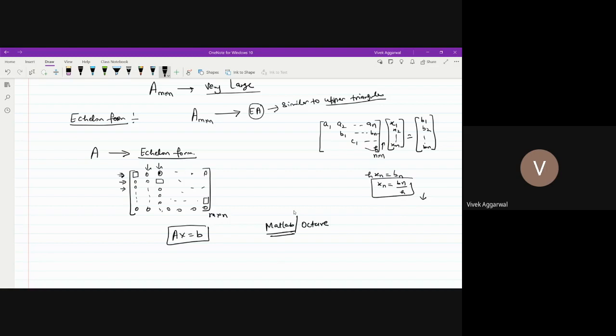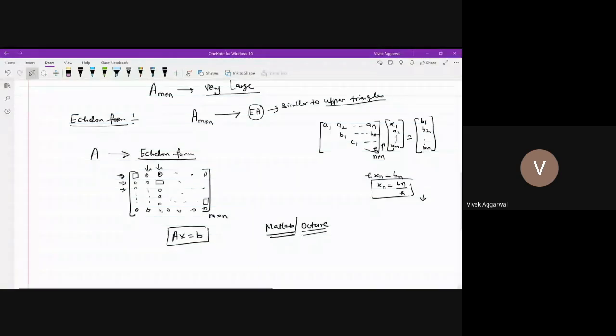MATLAB is a software that you have to buy, but Octave is a free software, and it is just a copy of MATLAB. So you can use Octave. It is freely available on the internet. You can download it and start doing that. So I will just start sharing this MATLAB, Octave.